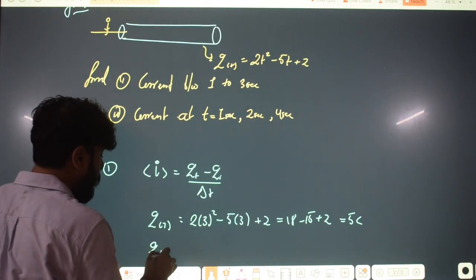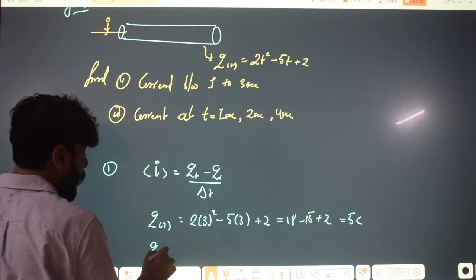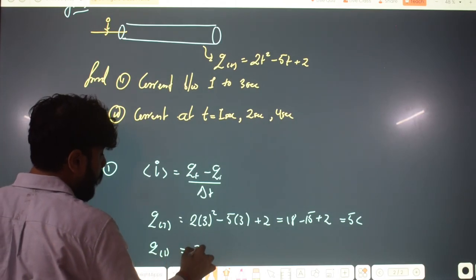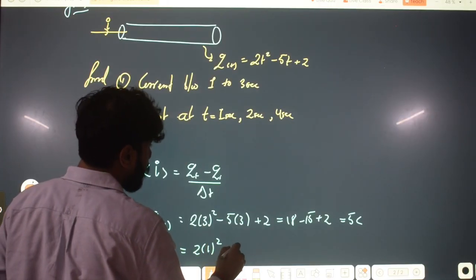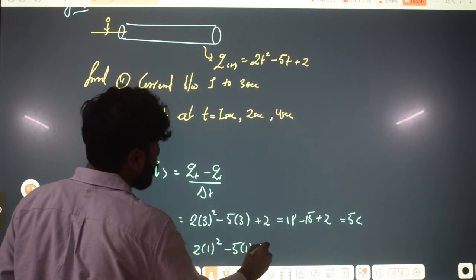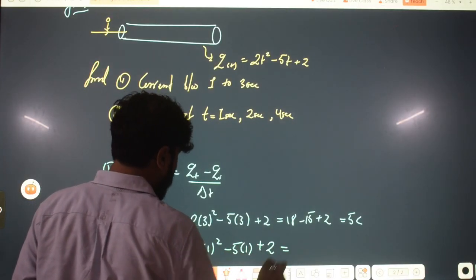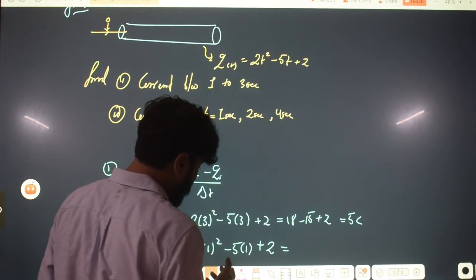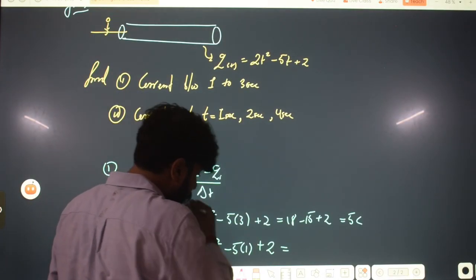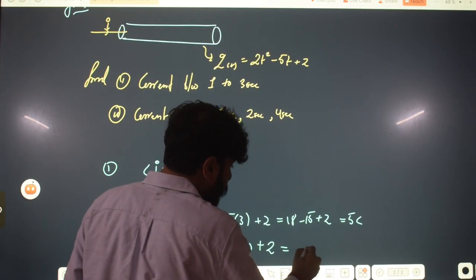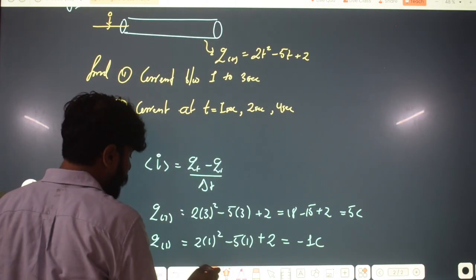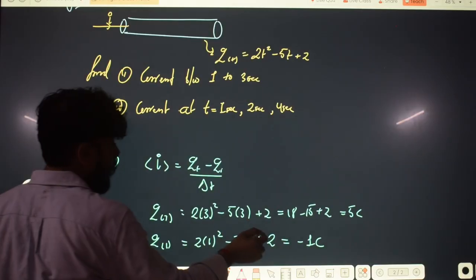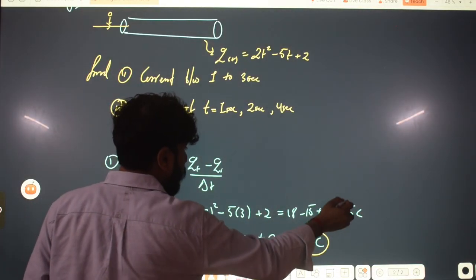And initial charge will be at 1, so we put 1 as t, and what you will get is 2 minus 3, minus 1 coulomb. Just substitute that value, get it from here and put it there.